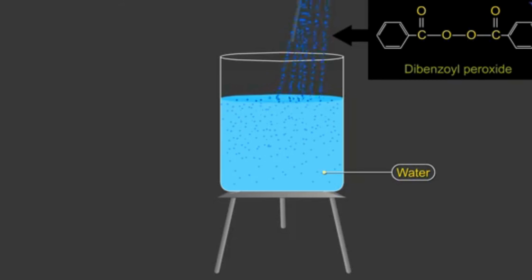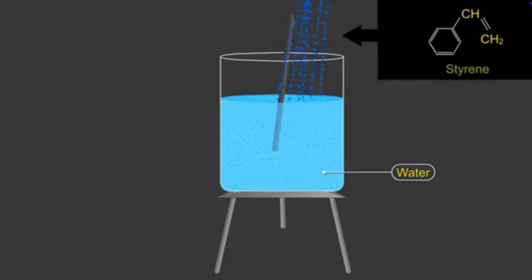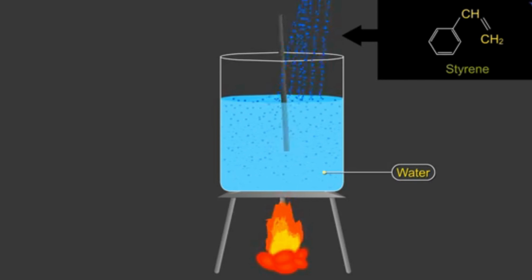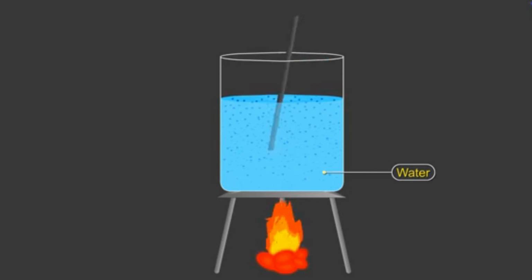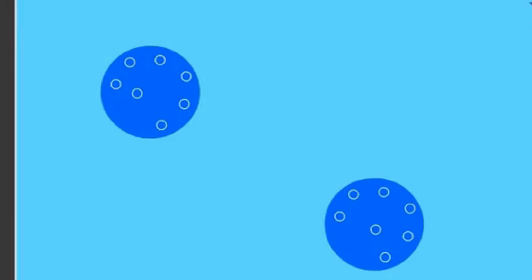The suspension is heated to trigger polymerization, turning the liquid droplets into hard, insoluble plastic beads. Control of agitation, droplet size, monomer ratio, initiator concentration, temperature and suspension conditions determines the bead diameter and particle size distribution.